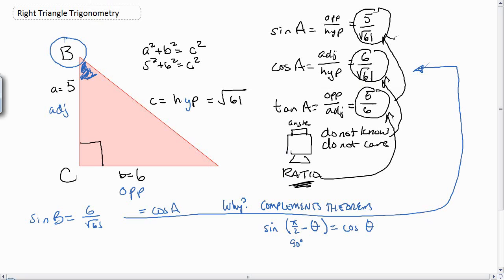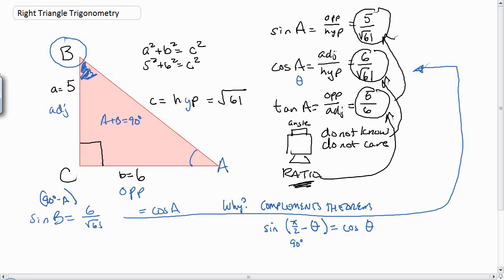So if A happens to be our original angle here, then B would be 90 degrees minus A. And therefore, these two angles added together, A plus B, would equal 90 degrees. And that's why the complements theorem is actually such a big deal, because what is one person's opposite would, in this case for angle A, be another one's adjacent.